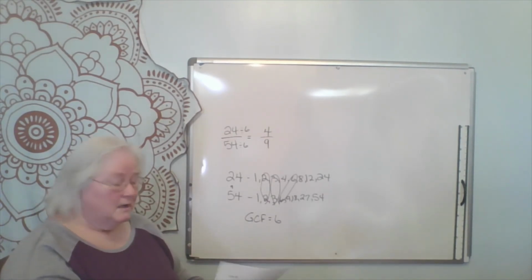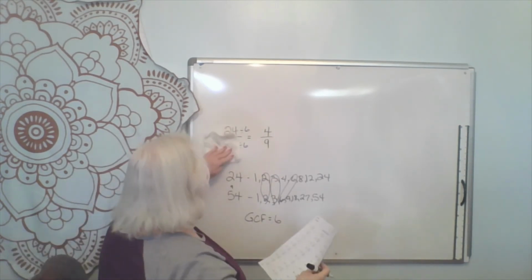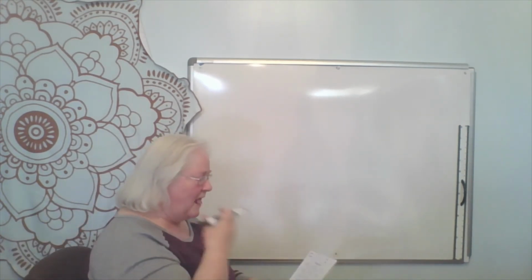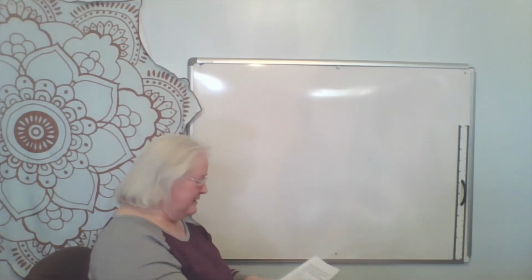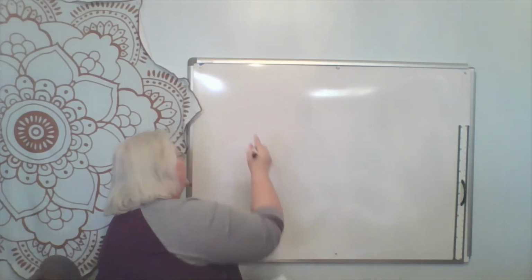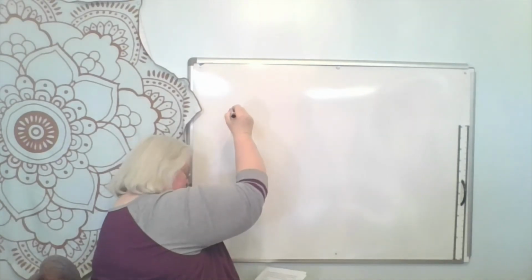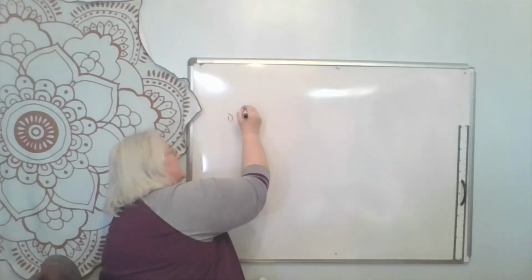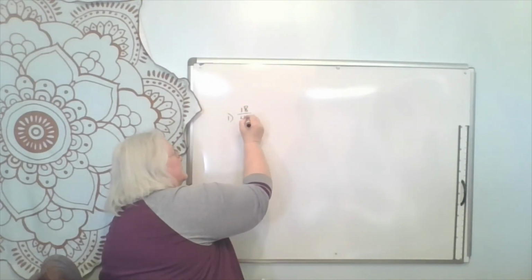Okay? Okay, let's try a few and see if you can do them. And that's what I had written down. Okay, so number 1 is going to be, lost my place, 18 over 48.